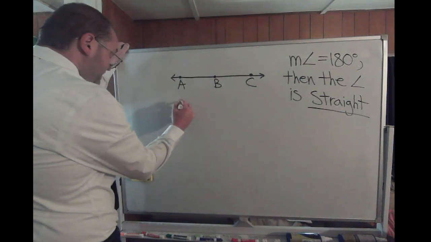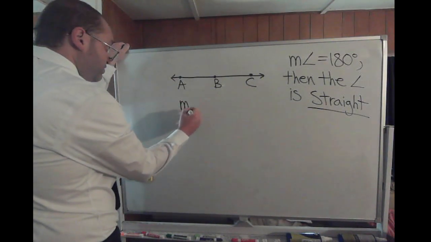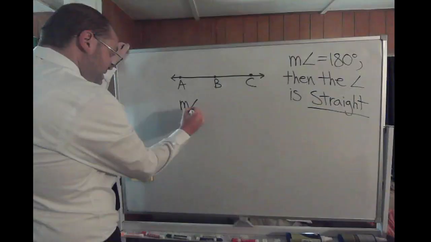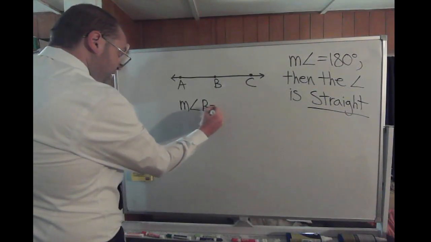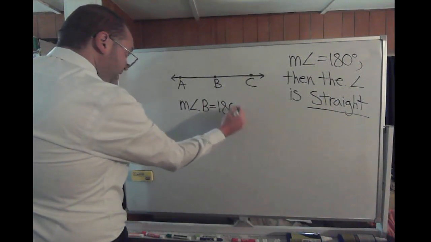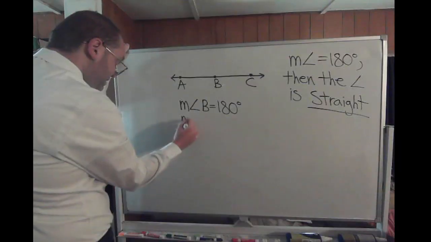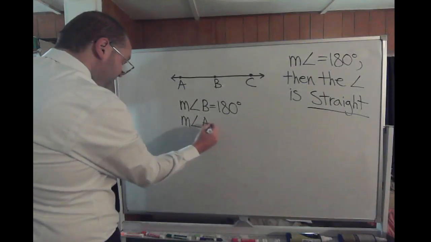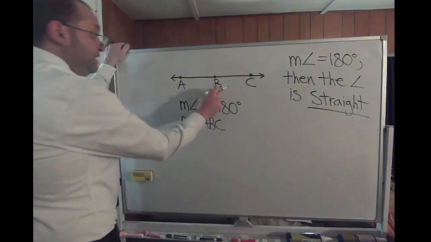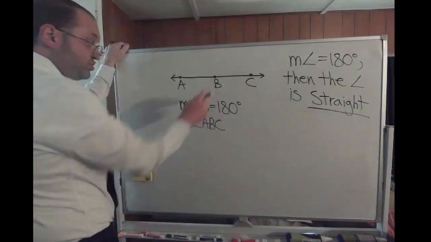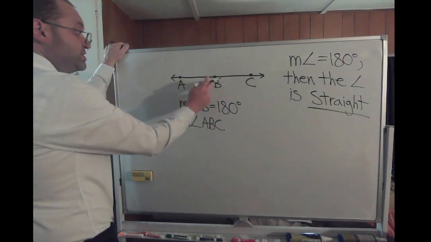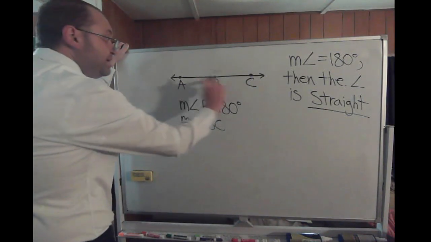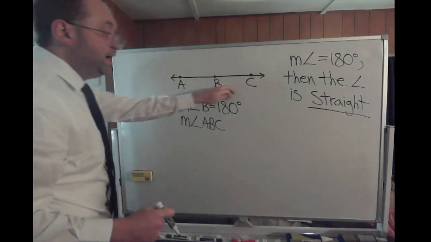So with this, I can say the measure of angle B equals 180 degrees. I could say the measure of angle ABC, because B is still the vertex, even though it's a straight angle, B's the vertex of rays BA and BC. You still have two rays.